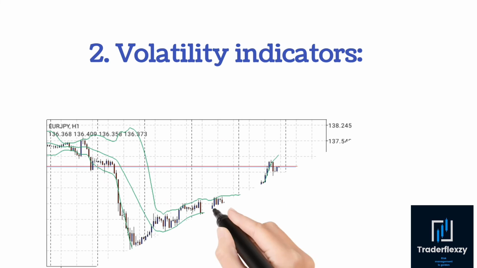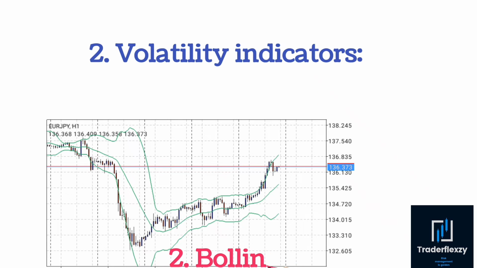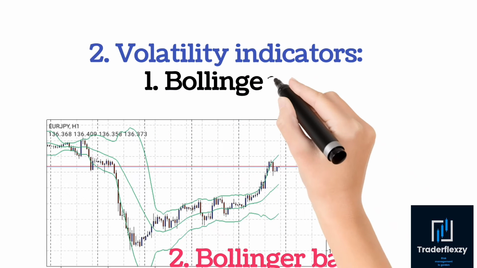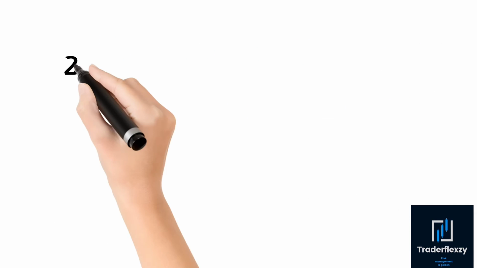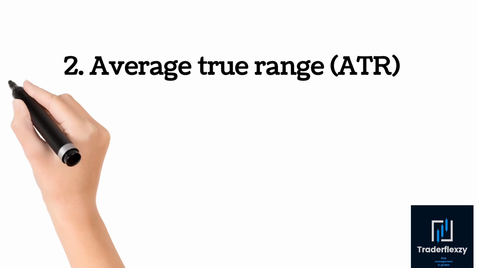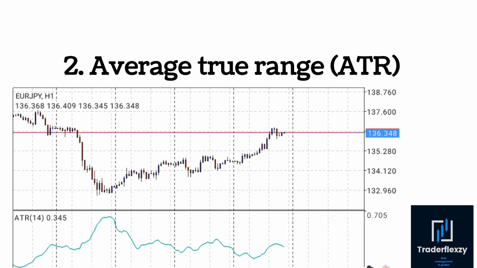Volatility indicators: Bollinger Bands, average true range, ATR.